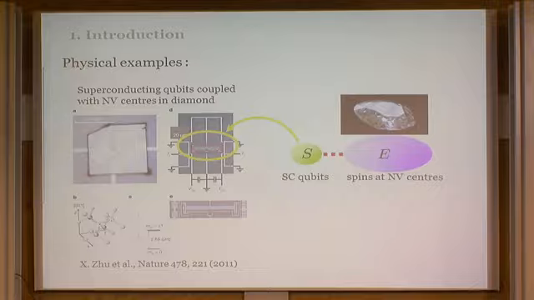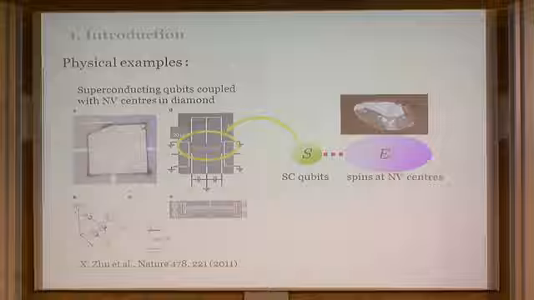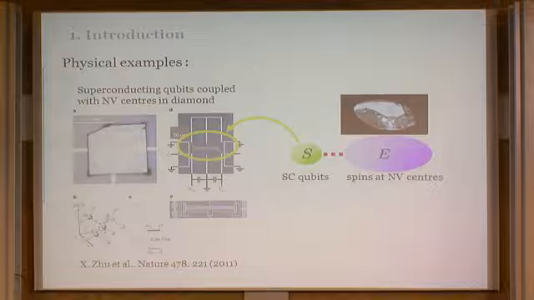According to this paper, there were roughly 10 to the 7 spins interacting with the qubit here, and what we can control is only the superconducting qubit at the center. So our S corresponds to this flux qubit, the superconducting qubit, and E is the bunch of NV centers in a diamond. It sounds very ambitious, but it might be nice if you can control this many spins in the E system through such a small device.